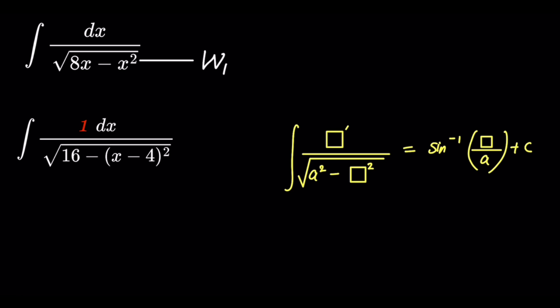So we are good to remove the three things: the integral sign, the derivative of the box, and the dx. Also, the constant under the square root is 16. And since we need it in the form of a square, we're going to be taking the under root of 16, which is going to be 4. So now we have also found the value of a, which is 4.